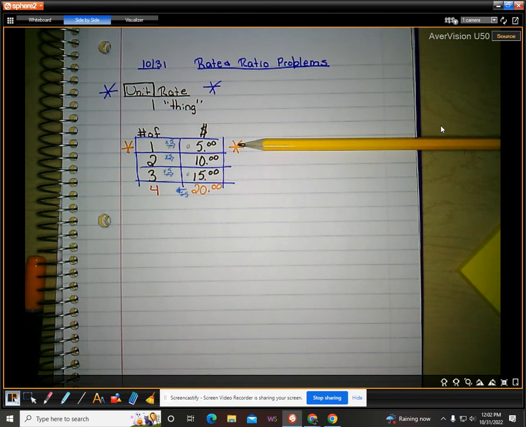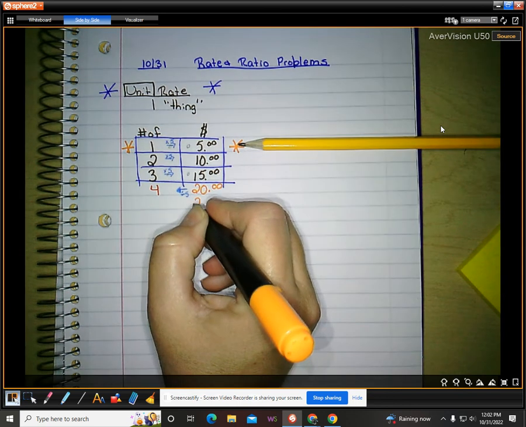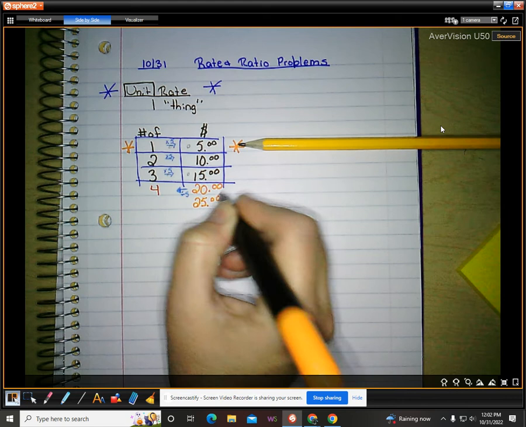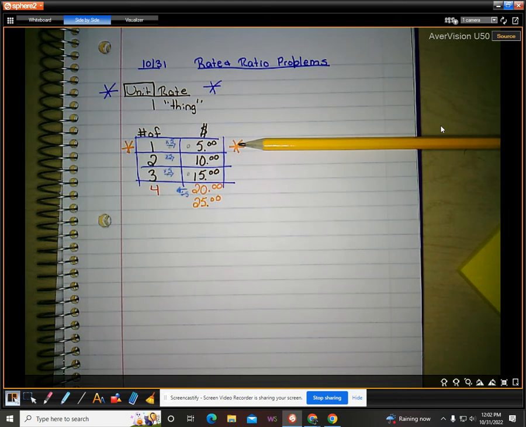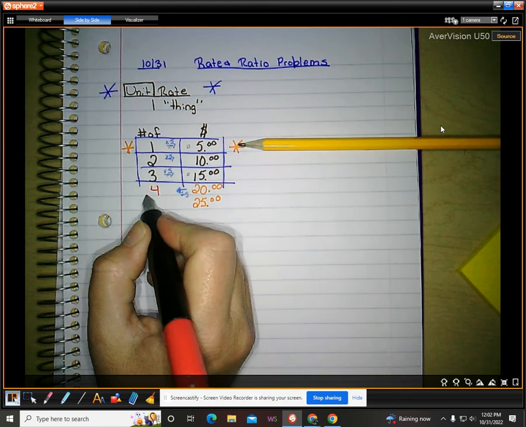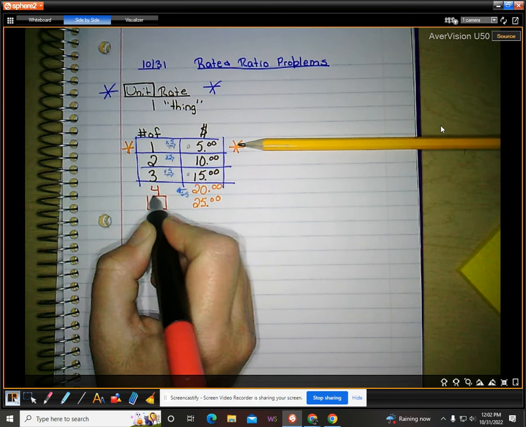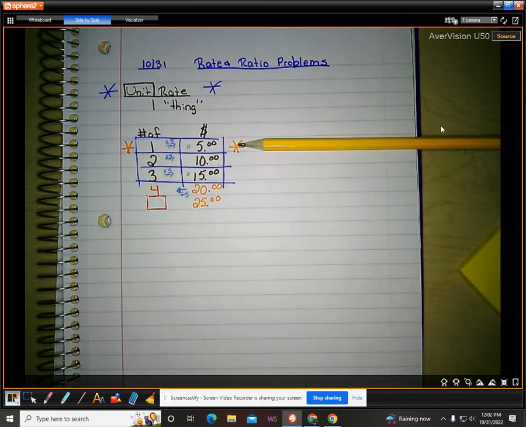So then the next question is asking you if your parents handed you $25. How many packages of coins would you be able to buy? And you can solve it any of the 3 ways we just discussed.